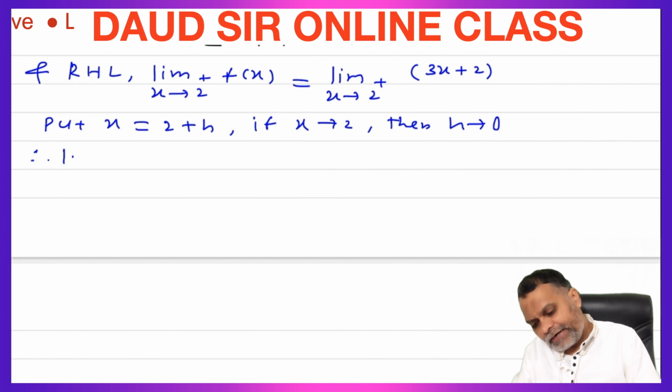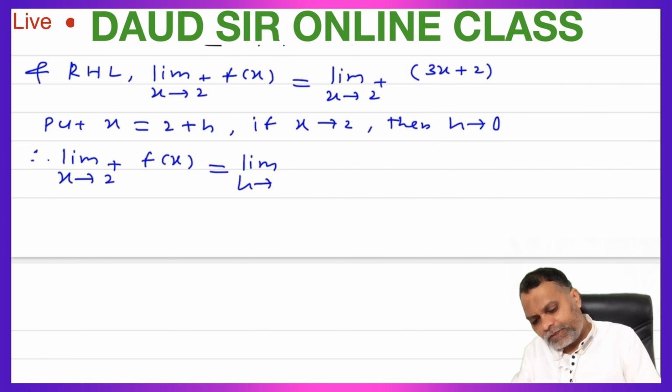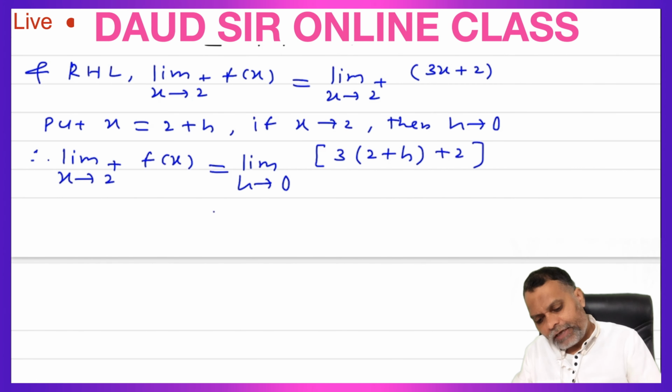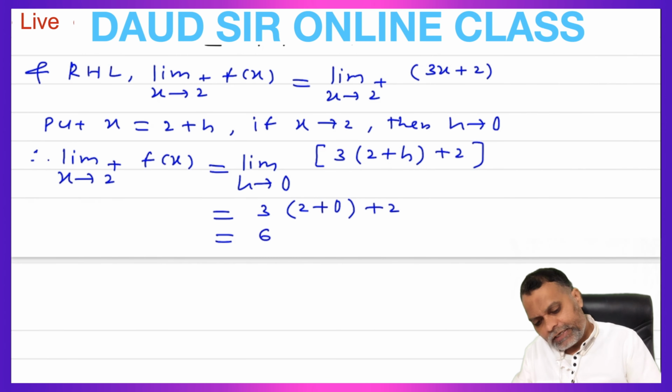Therefore, the right hand limit will become limit x tends to 2 plus f of x is equal to limit h tends to 0, 3 into x, put x is equal to 2 plus h plus 2, put h is equal to 0, 3 into 2 plus 0 plus 2, 3 twos are 6, 6 plus 2, which is equal to 8.